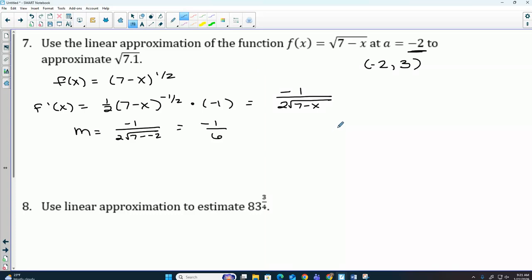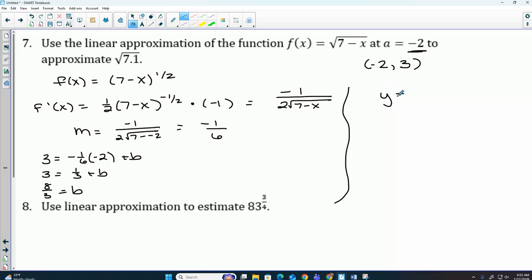Do you guys use point slope formula or y equals mx plus b? Okay, so my y was 3, and -1/6, x was -2, plus b. So 3, that's like 9 over 3 minus 1 over 3 is 8 over 3. Now, the actual linear approximation is just this line.